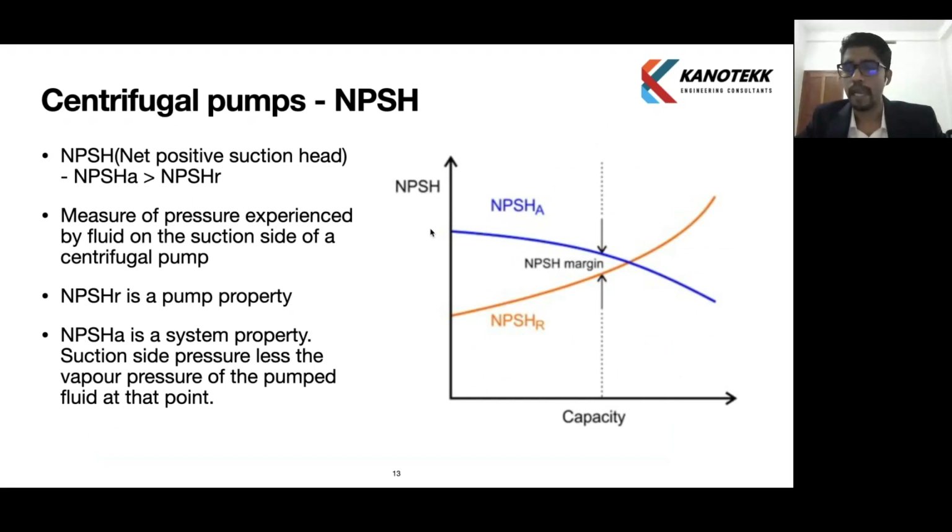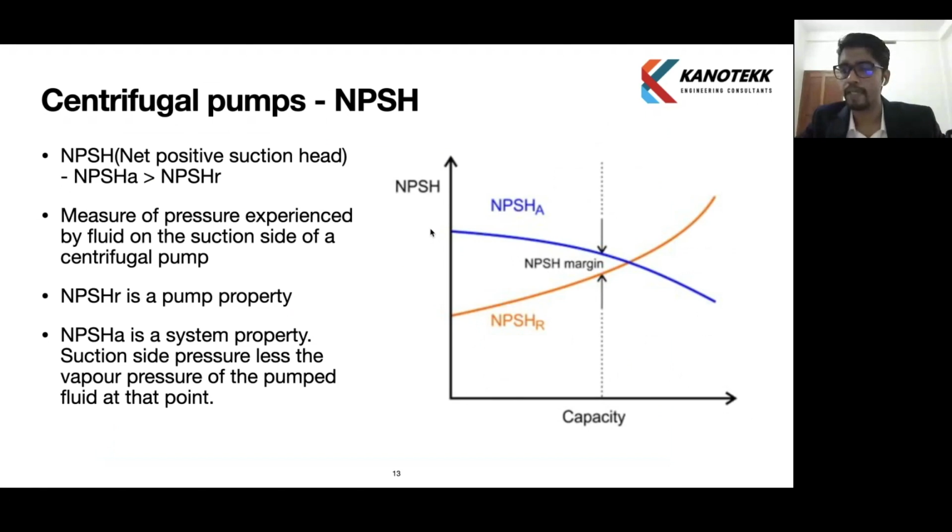We will not go into calculation detail right now, but we have to know there is NPSH required, provided by the pump manufacturer, and NPSH available, which we have to calculate for the system. NPSH available should be higher than NPSH required for safe operation of the pump, to prevent cavitation.